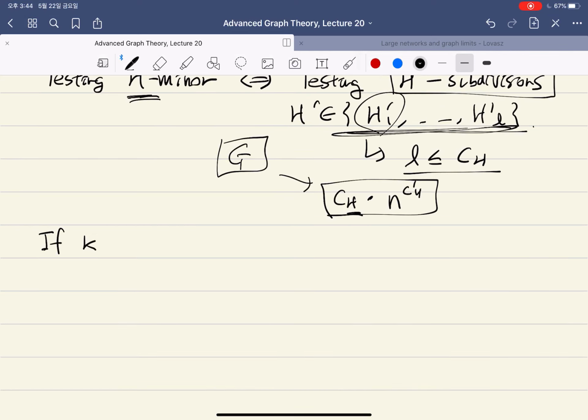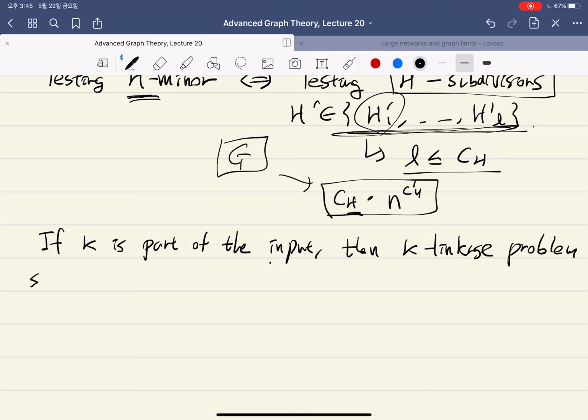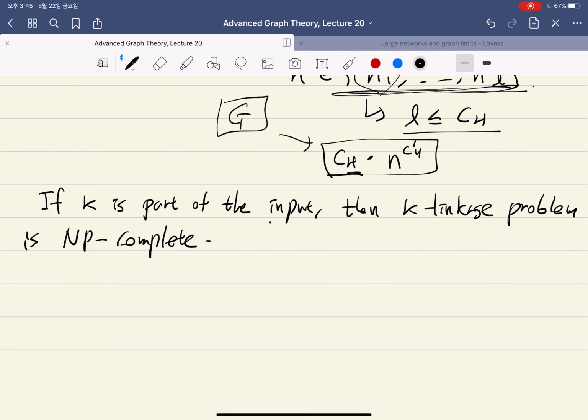It is NP-complete. And we know that if K is part of the input, so K is not fixed, then the K-linkage problem is NP-complete. And also testing for H as a minor is again NP-complete if H is part of the input.